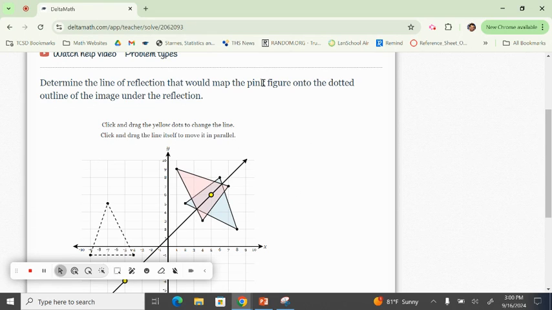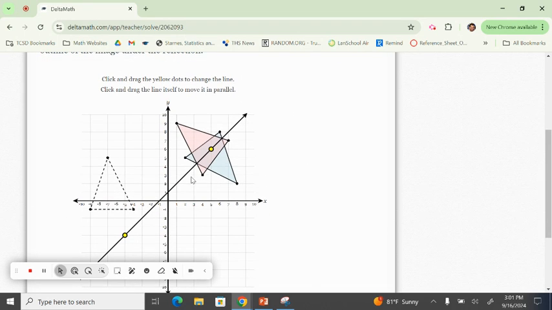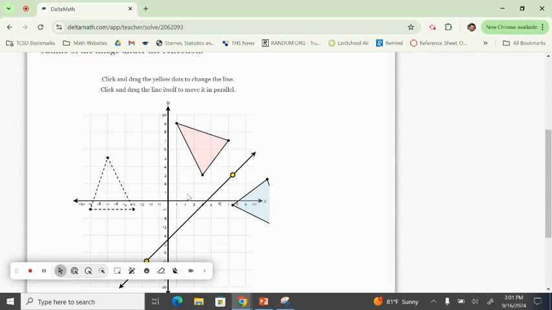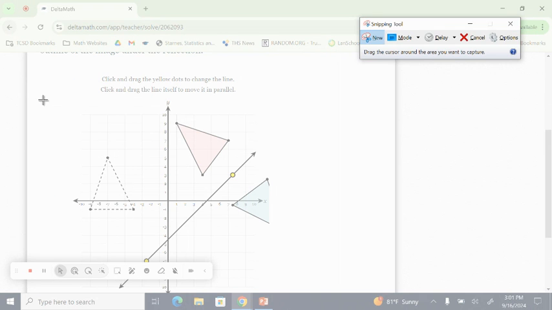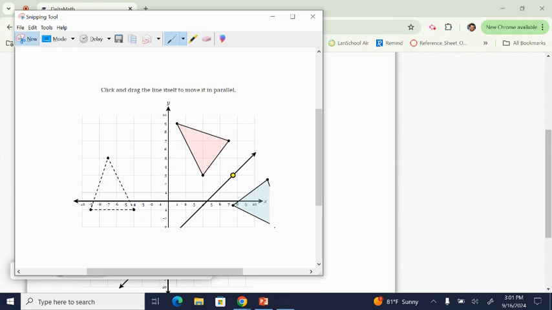The two objects that matter right now are the pink and the dotted. Watch what I do when I move this line. I'm going to move that blue out of the way. I'm actually going to screen grab this. We're going to take a look at the pink and dotted just to get an understanding of what we need to do here.